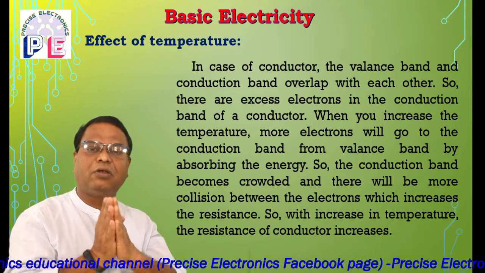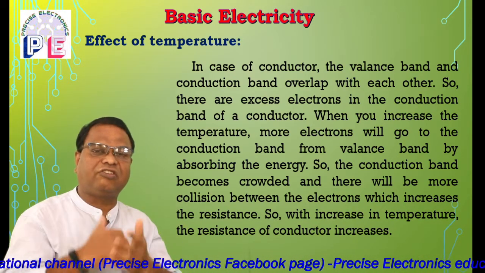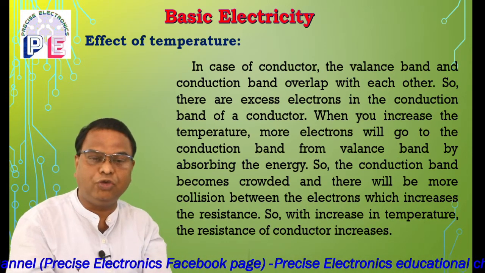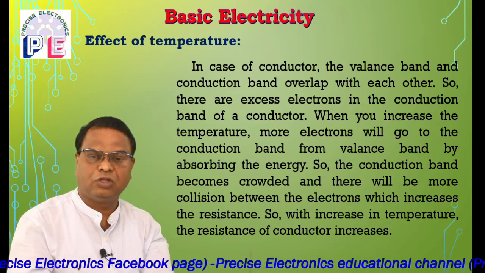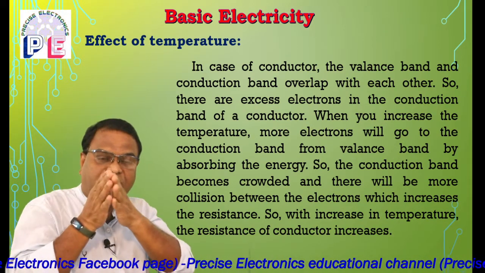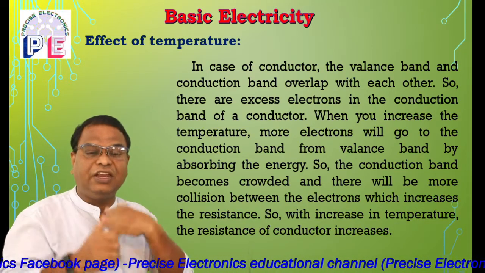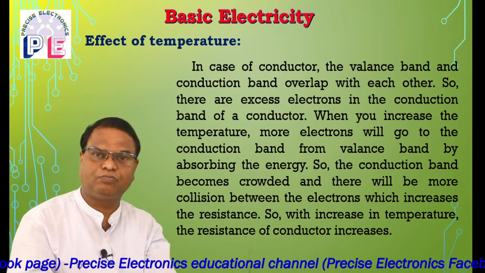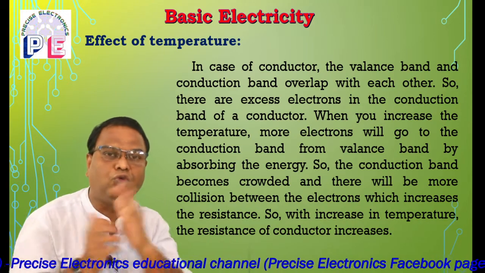So the band may become crowded. The electrons strike each other and the walls of that band, and this makes the band even more crowded. These electrons increase the resistance of that material, because they do not allow the electrons to move freely.